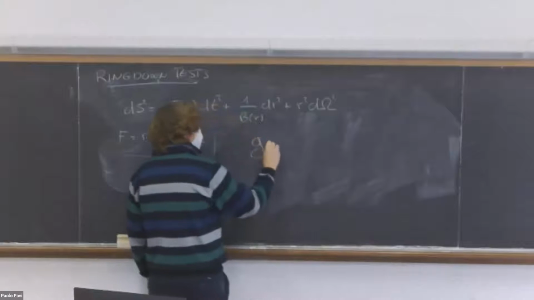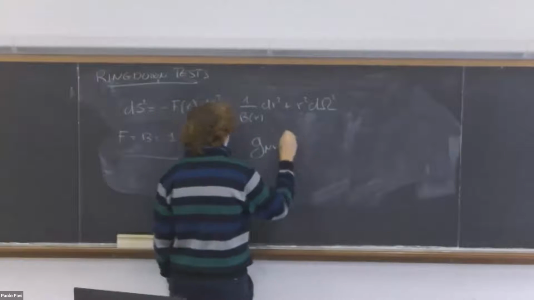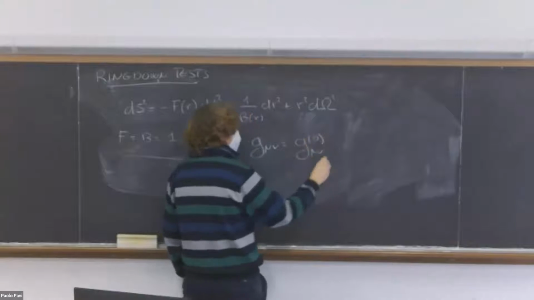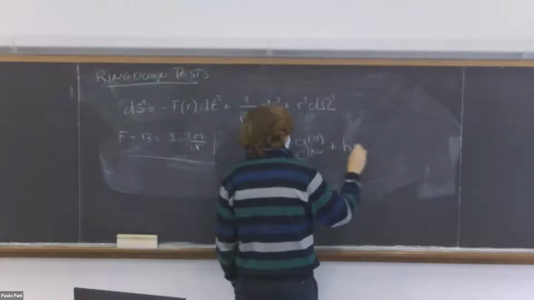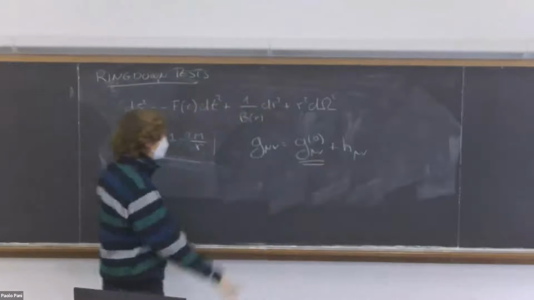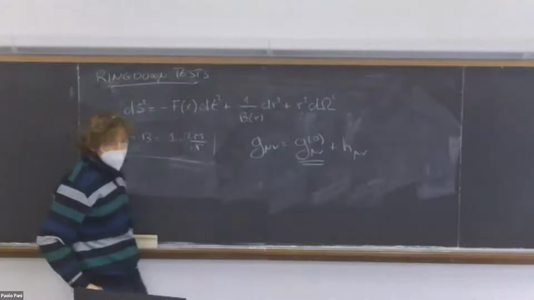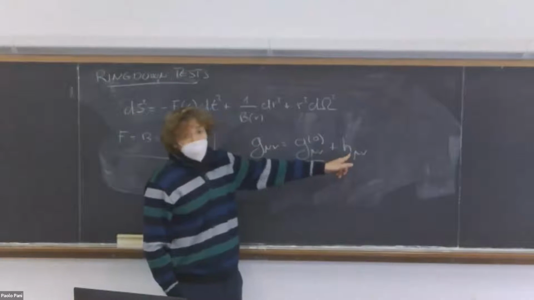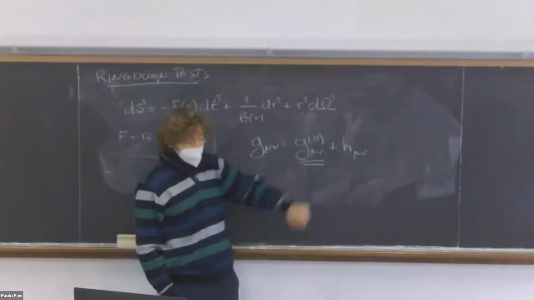So taking the metric to be the background, we call it g to zeroth order, plus some corrections, where this is the background metric described by this geometry here. So it's a static geometry. And then I want to understand the dynamics of this perturbation here.